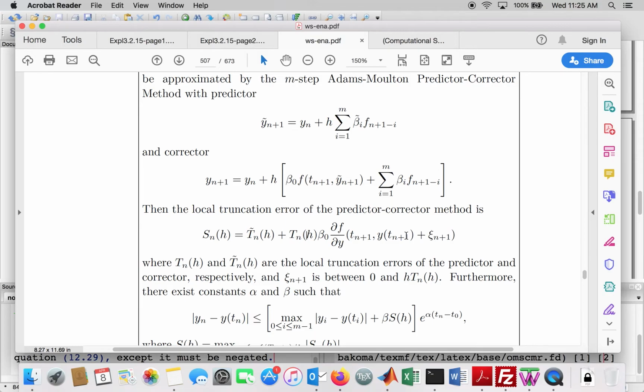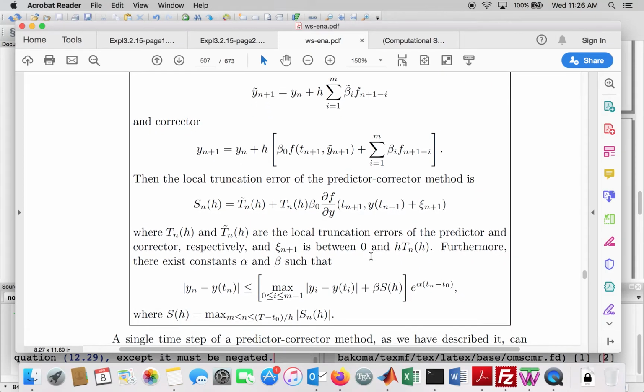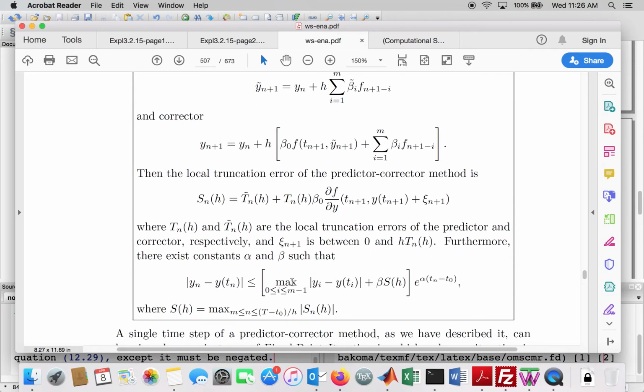Now what's interesting is the whole thing is going to be order h to the m, because the corrector has local truncation error order h to the m plus 1. But the predictor, because it's explicit, will be order h to the m. So this is actually the dominant error term right here. And this gives you an error estimate in terms of the starting values.